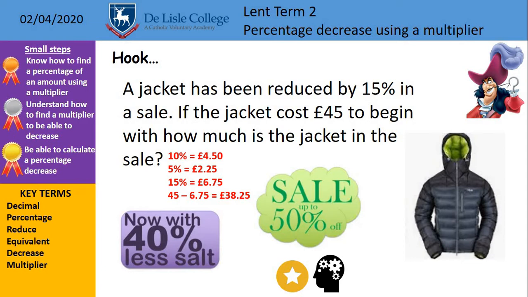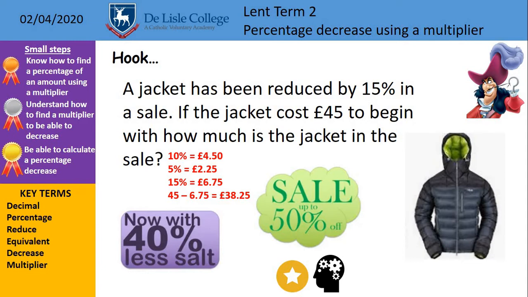To find 15% in total then, we would add the 10% and the 5% together to give us 15% being £6.75. Now, because we're reducing by 15%, we will subtract this £6.75 from £45 and get a sale price for the jacket of £38.25.